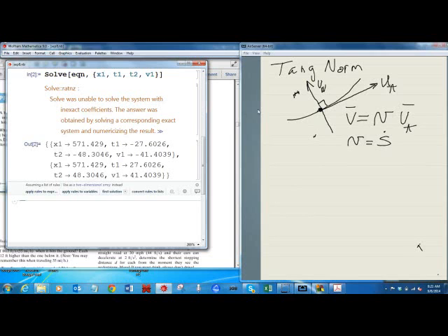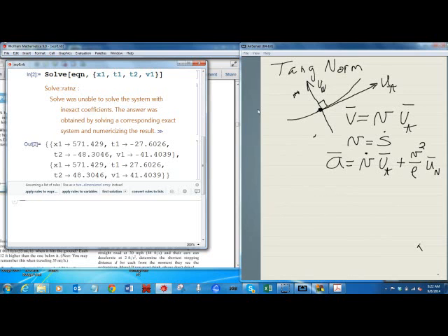The acceleration has two parts. One part is the change in speed. So if you have your foot on the gas or foot on the brake, you're going to change your speed. Get the idea? And the direction of that is in the tangent direction. The second component is speed squared over radius of curvature in the normal direction.